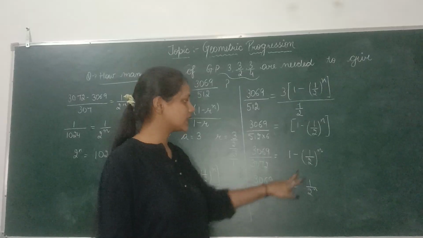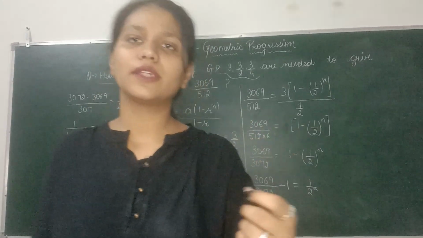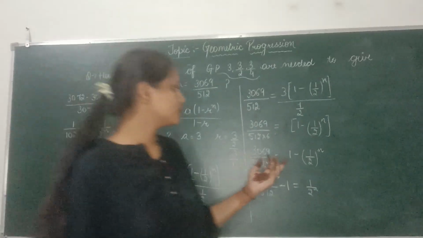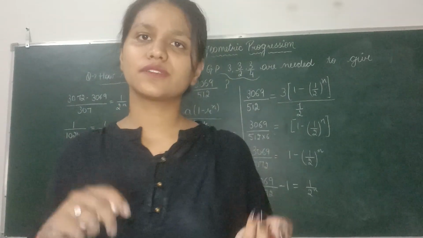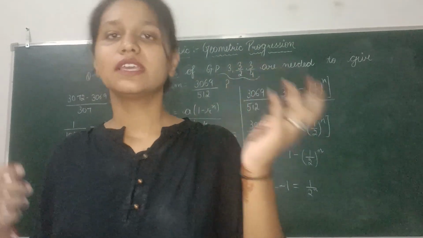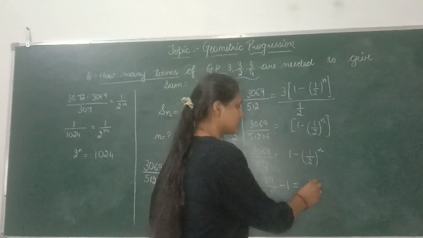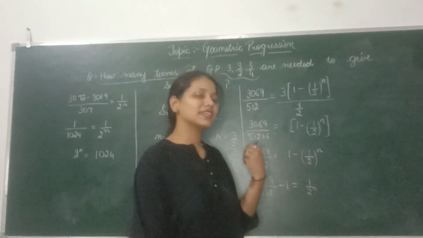Then the value of n can be any non-zero value, such as 1, 2, 3, 4. 1 to the power 2 is also 1, 1 to the power 3 is also 1, and so on. The value of 1 always remains 1 by getting any power, by any value of n.